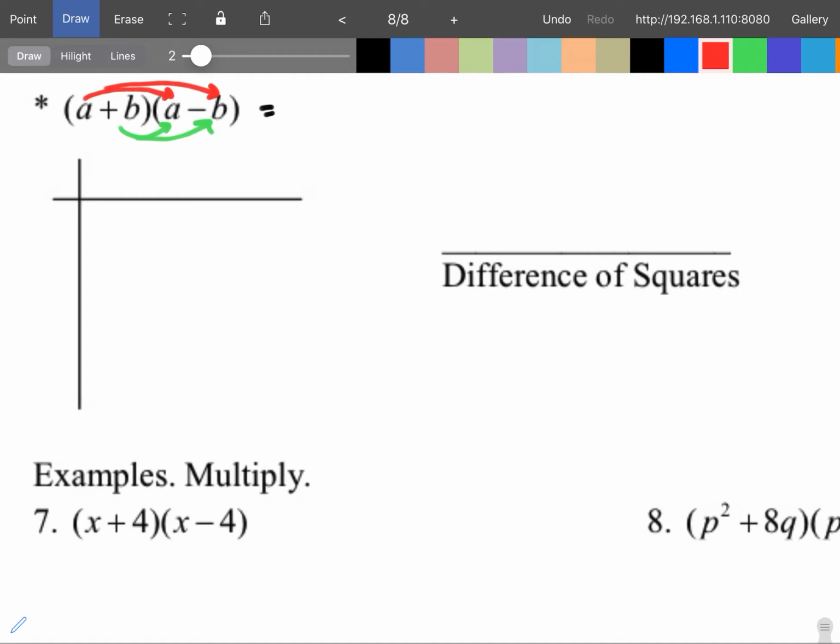So if we work that all out, in the red, we'd have a times a, so that would be a squared. And then we'd have a times negative b, that would be a negative ab. Then we have positive b times a. Well, that's ba, but that's the same thing as a times b. So we'd have a positive ab.